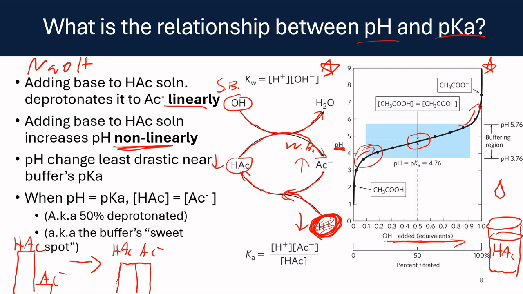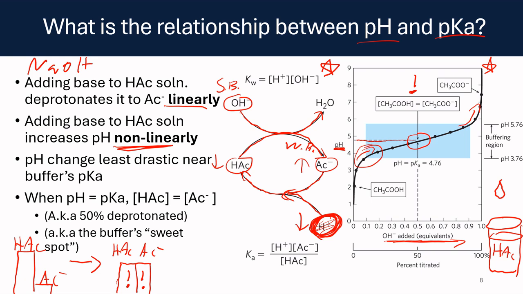And something special happens when we get to the halfway point through this blue zone of stability. And that is the concentrations of HAC and AC minus become equal. And look at that. The pH where the protonated and deprotonated forms match up is 4.76.